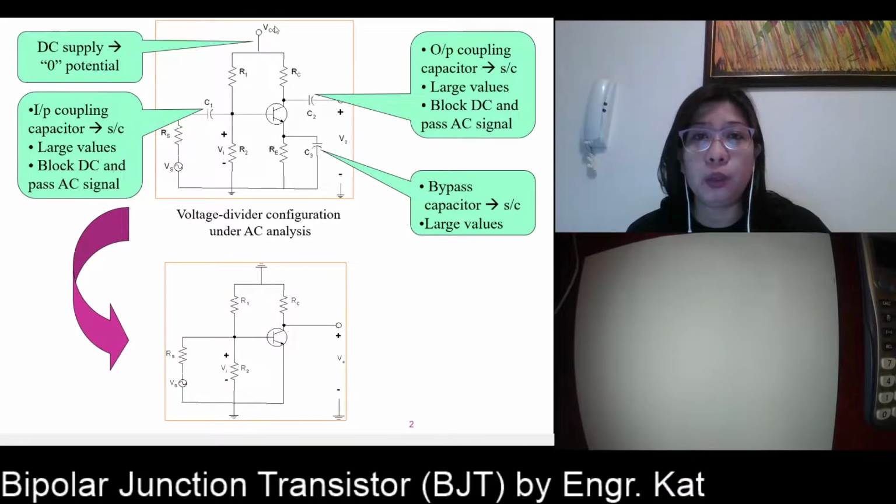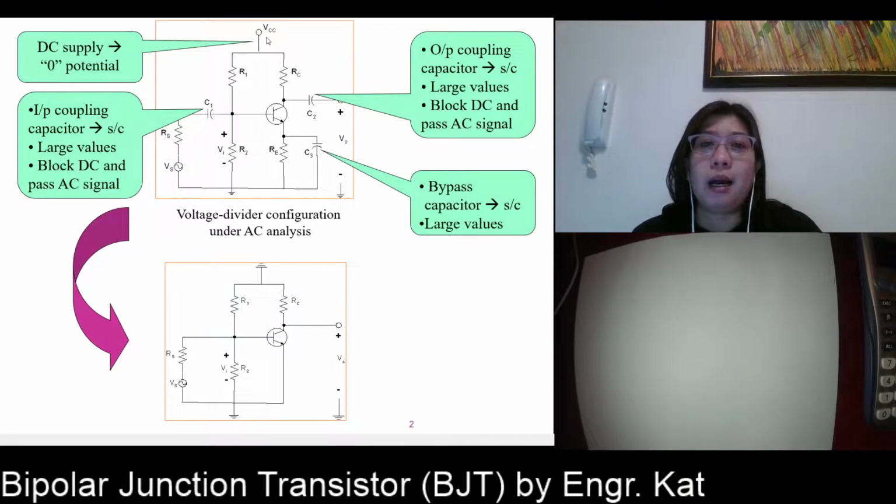So how are we going to remove the effect of our DC source in this configuration? We are going to make your DC supply at zero potential, so that means we're going to ground. We're going to short this VCC, replacing it with a short circuit.